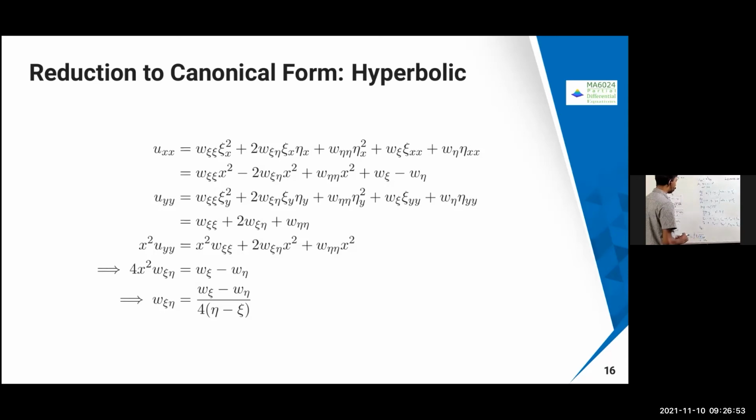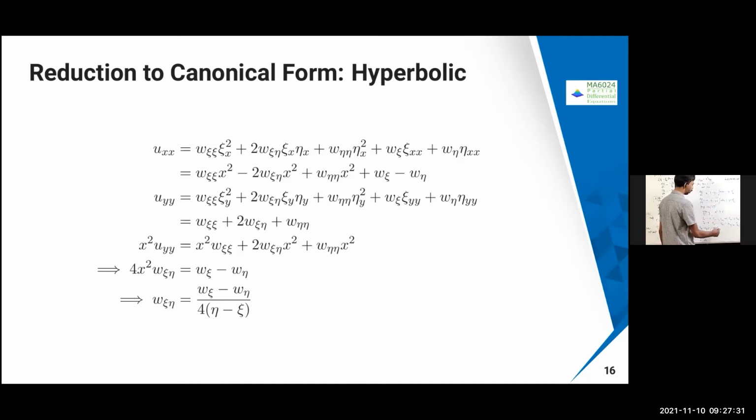That is going to become w chi chi times chi x square, which is going to be x square, and then you are going to get w chi eta times 2 chi x eta x, so that is going to become minus 2 w chi eta times x square.